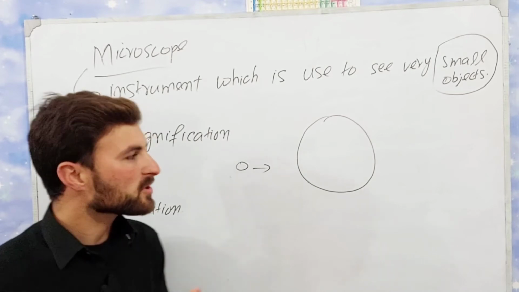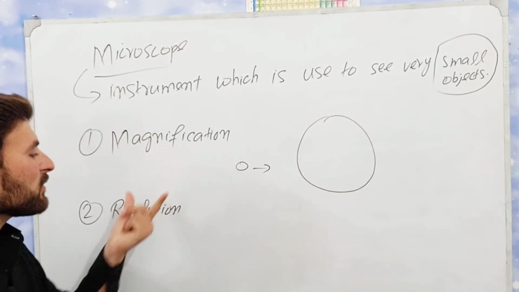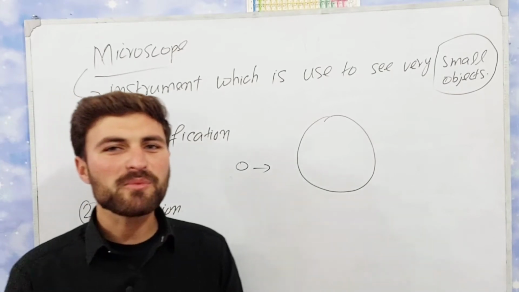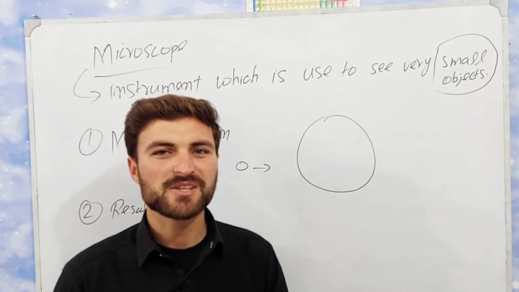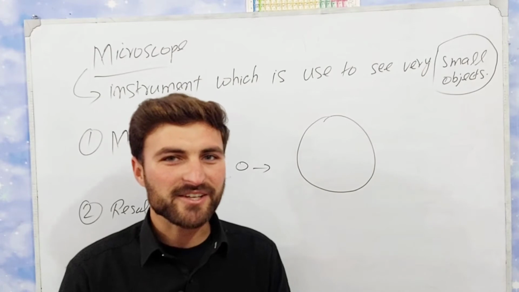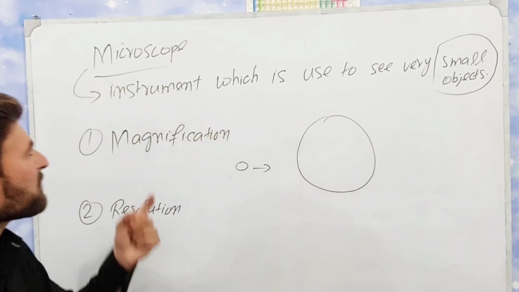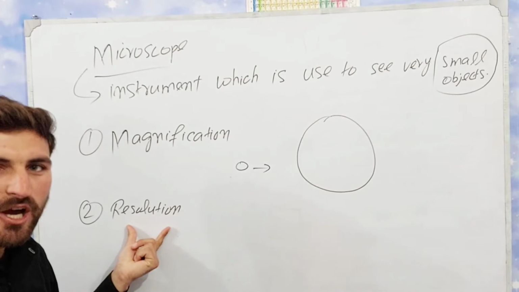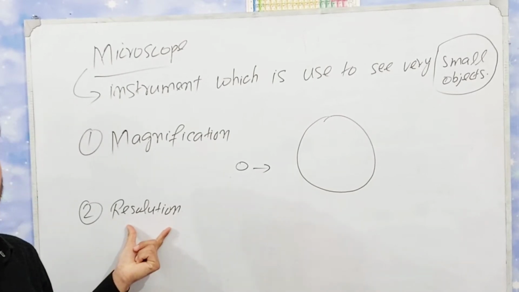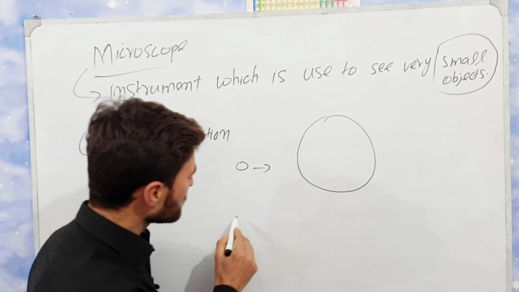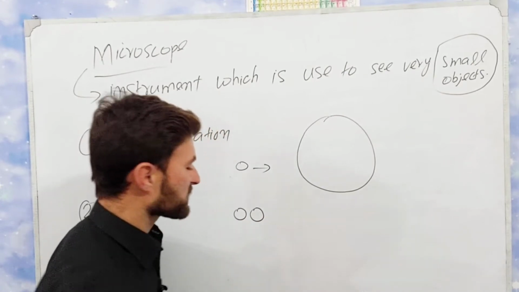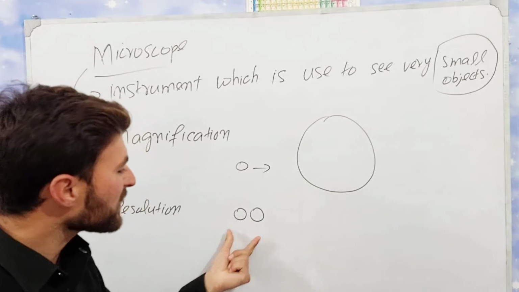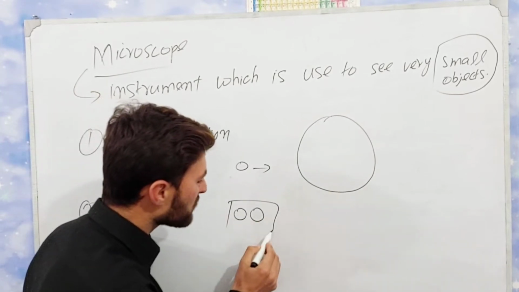After this property, that is magnification, now let's discuss the resolution. Resolution is the opposite of blur. So now it is clear that resolution is the property of a microscope through which we can see objects clearly. Let's suppose these are two objects. If there is blur, we cannot distinguish between these two objects.